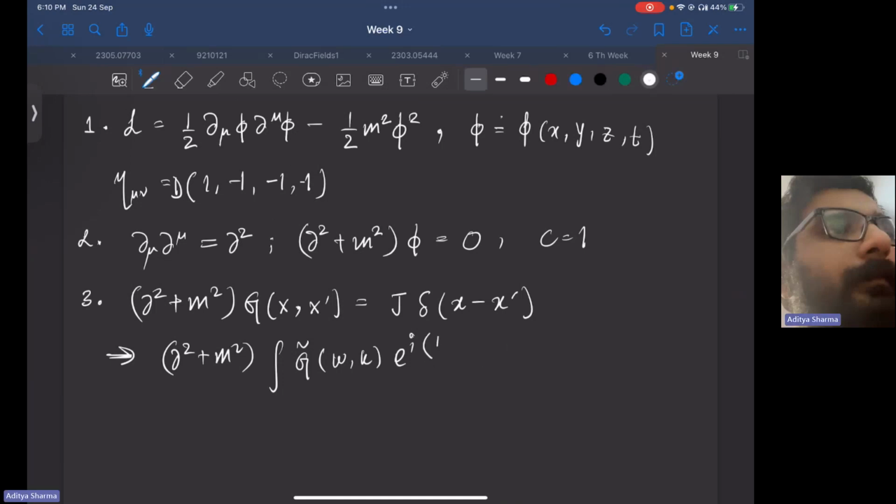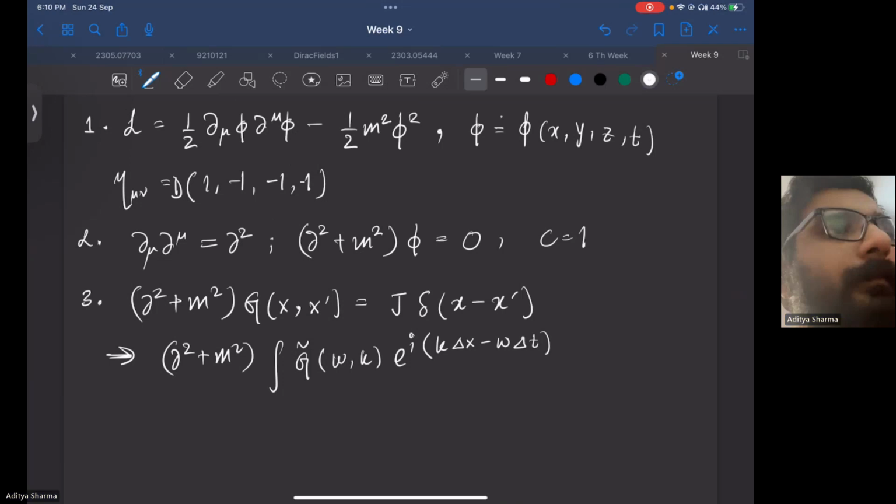I want to write in a very good notation, but I don't think so. So x minus x prime, I'll write as delta x. This is just for notation convenience. This is delta t.